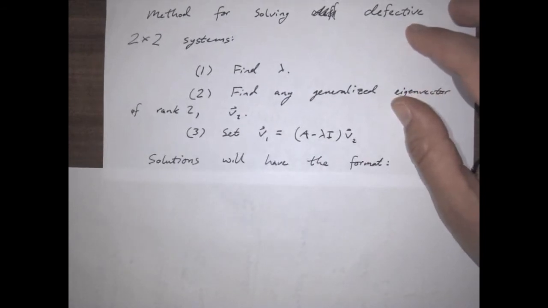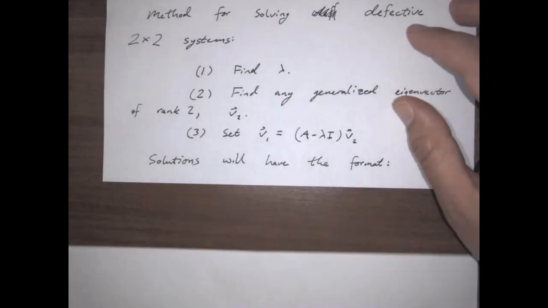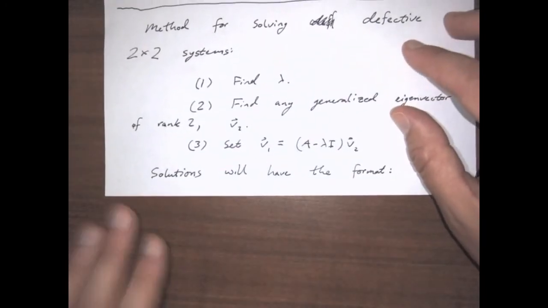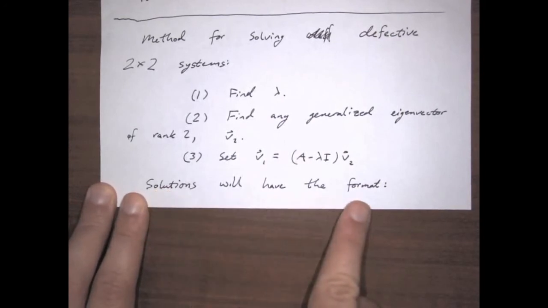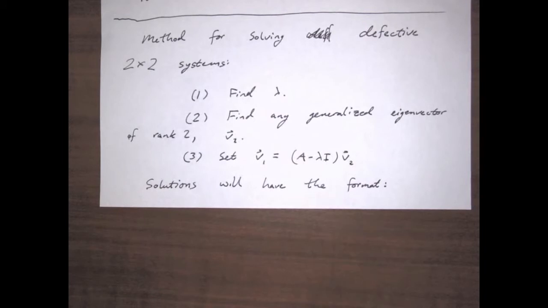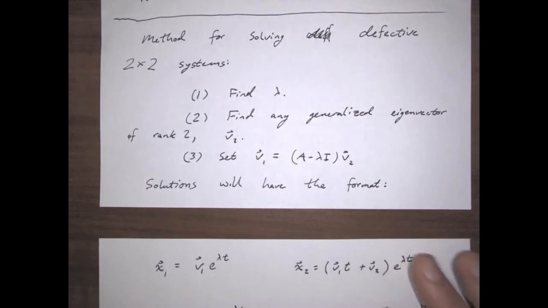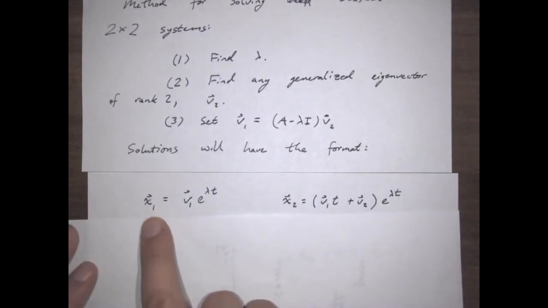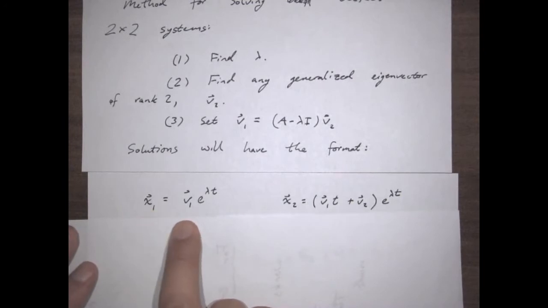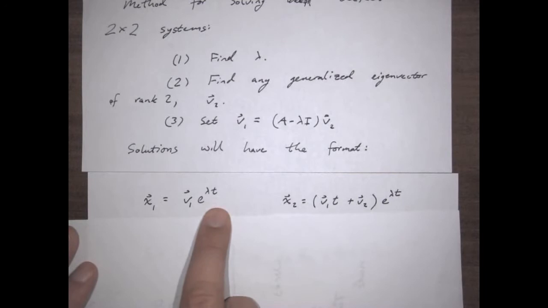So set v1 equal to A minus lambda I times v2. And then this will give us the default format for the solutions, which is going to be different from before. So we're going to have solutions of the format x1, the vector, is equal to v1 e to the lambda t.